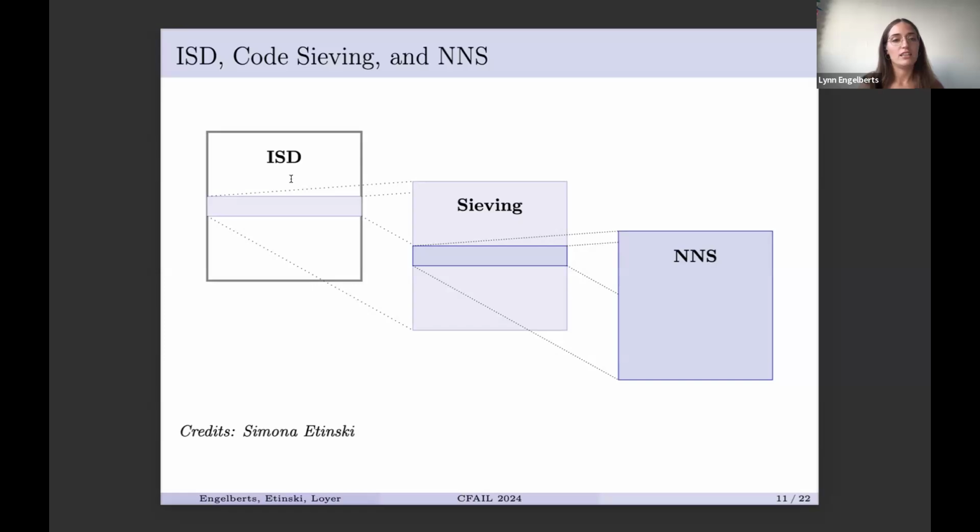And iteratively, it tries to solve a sub-instance, or a possibly easier decoding problem, by applying this sieving oracle. And the sieving oracle then repeatedly applies a near neighbor search oracle to find enough code words, which form the solutions to this sub-instance. So I hope this clarifies it a little bit.